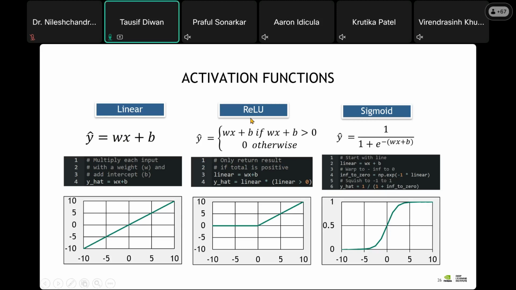We can use any non-linear activation function, but in the notebook we are preferably using ReLU, the rectified linear unit. The formula is this: if the input is less than 0, the output is 0, and if it is greater than 0, the output is that exact value.